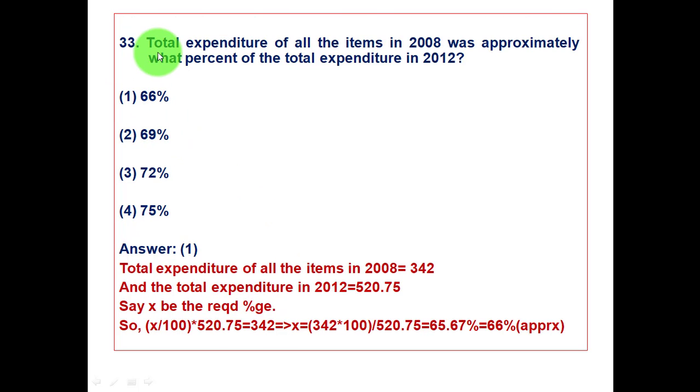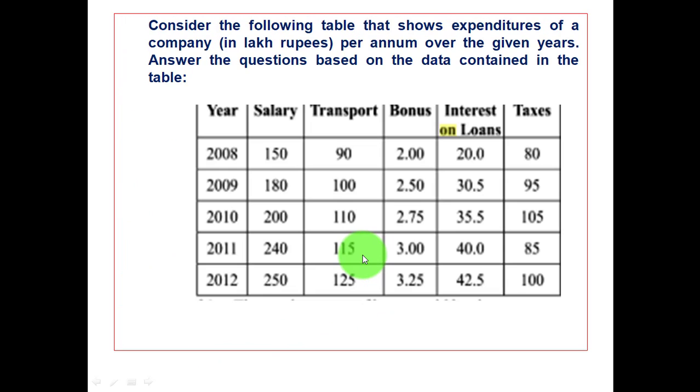Then question number 33. Total expenditure of all the items in 2008 was approximately what percent of the total expenditure in 2012? So for the total expenditure of all the items in 2008, you need to consider this row now, not column, this row. Salary, transport, bonus, interest and taxes.